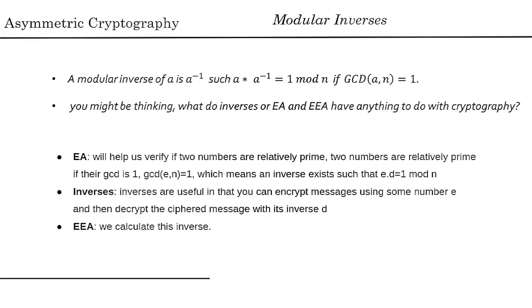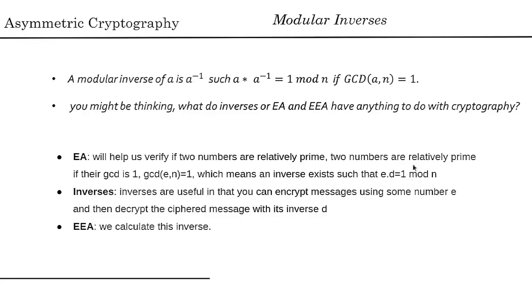The first number should represent the number of elements in our group. We call it n. And another number, let's call it e, which belongs to n. We verify if these two numbers are relatively prime, which means an inverse must exist such that e times d is equal to 1.